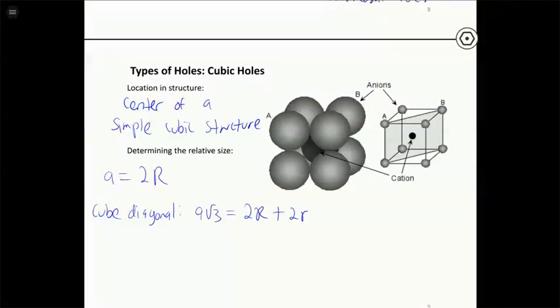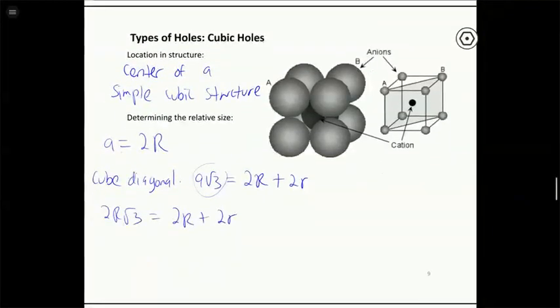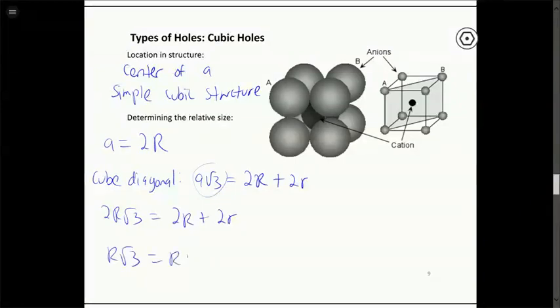All right, so then what we end up with is 2r times the square root of 3. We just take a radical 3 and we write it as 2r radical 3 is equal to 2 big R plus 2 little r. So a lot more geometry here, and then we get the cubic hole is 0.732 times the big radius, so it's the largest one yet.